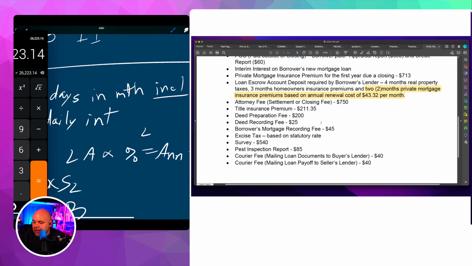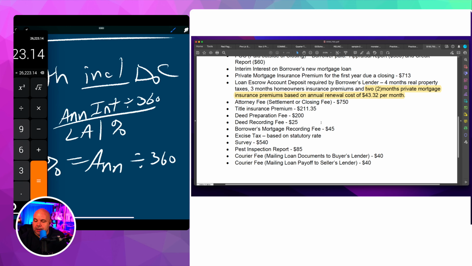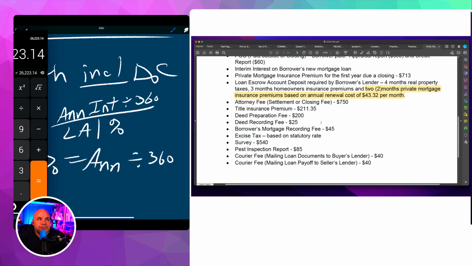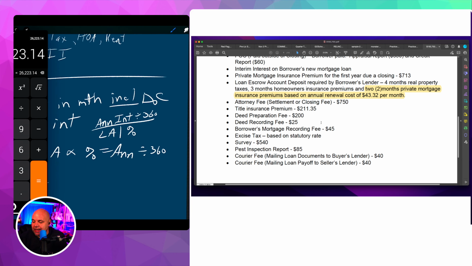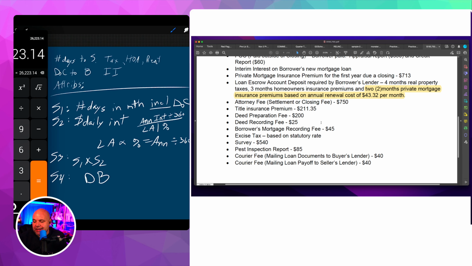If you like the T formula better, loan amount times interest rate gives us annual interest, and then we divide that by 360 to get the daily. Once we have daily, we multiply that by the number of days, which include day of closing. That's a big one for interim interest. Buyer pays day of closing.